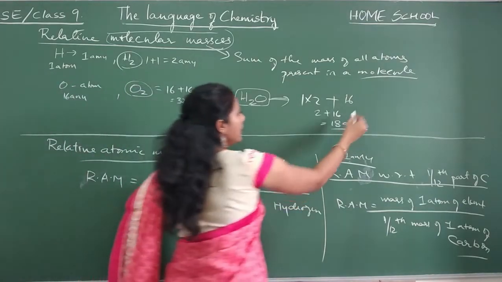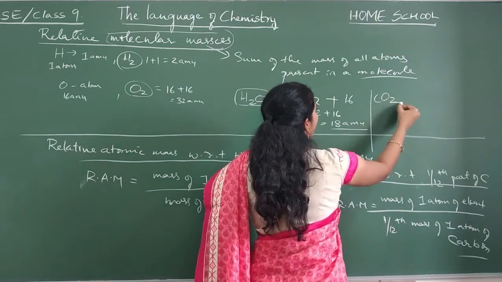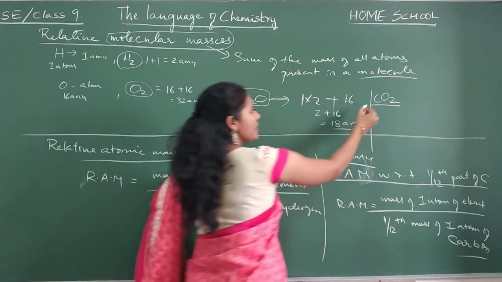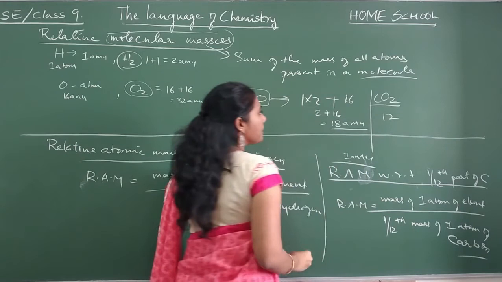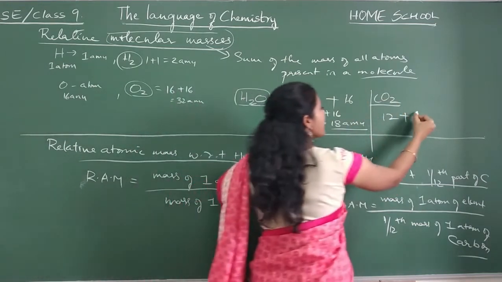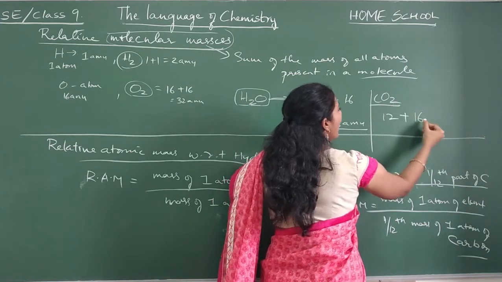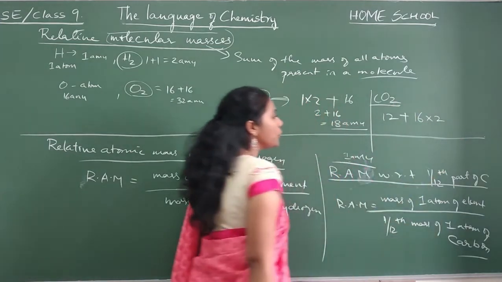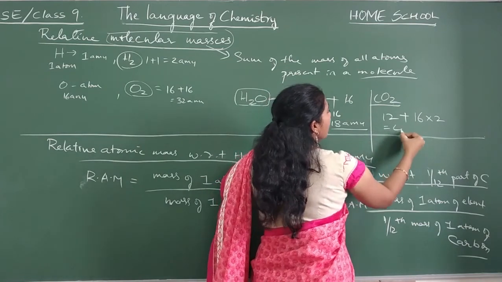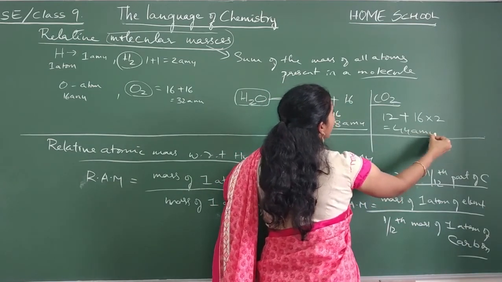Similarly, can you find the molecular mass of carbon dioxide? Atomic mass of carbon is how much? 12 AMU. Plus atomic mass of oxygen is how much? 16 AMU, into how many atoms of oxygen? 2. So how much do you get here? 44 AMU you will get.